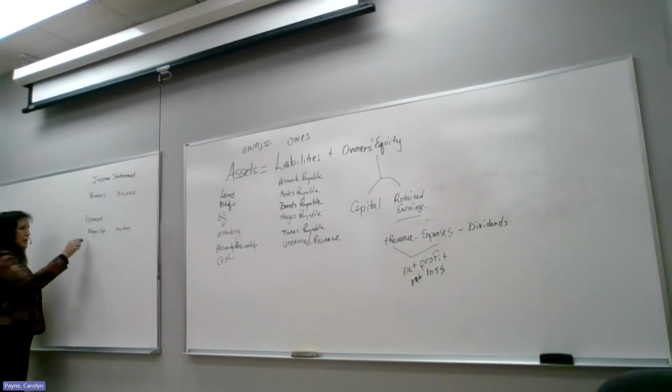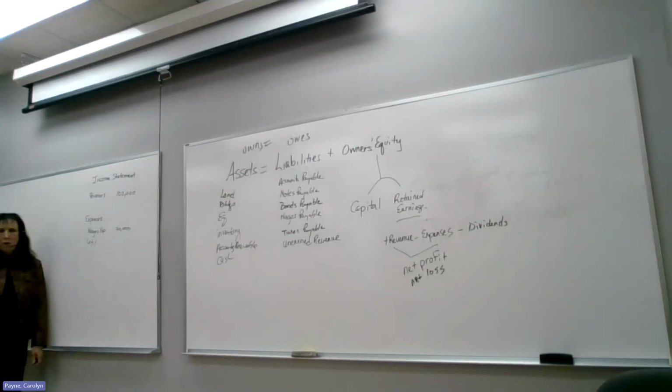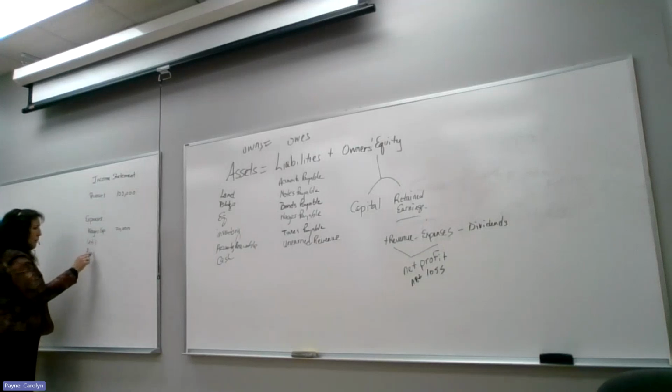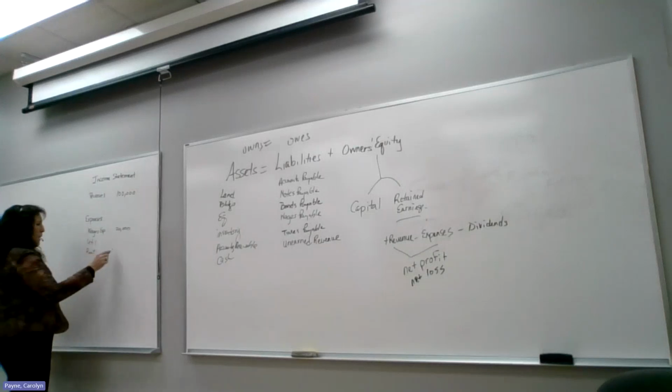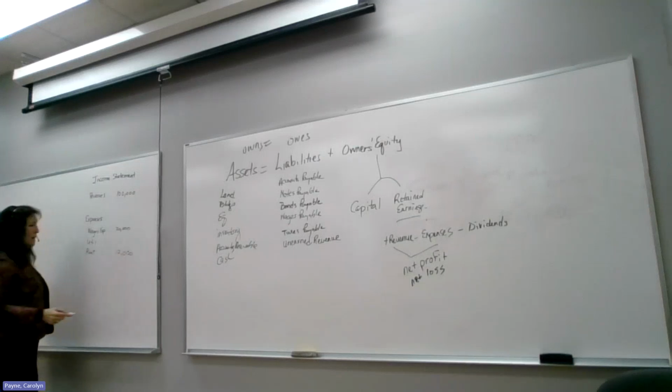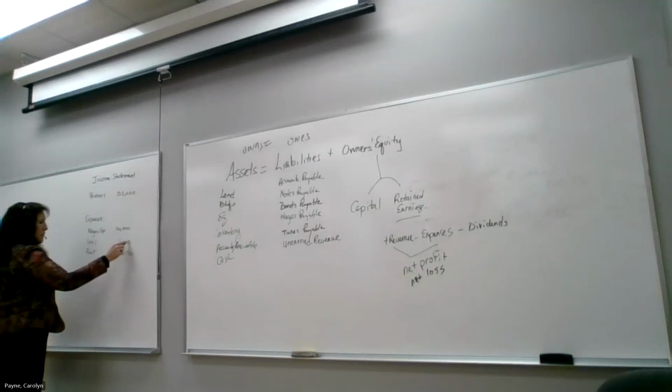What else? I've got to pay utilities, right? Actually, I may have to pay rent. Of course, I own my building, so I don't have to pay rent, but some companies would have to pay rent if they didn't buy the building. All right, so let's say rent was $1,000 a month, so $12,000. Let's say utilities was... no, we better pay more than that for utilities.